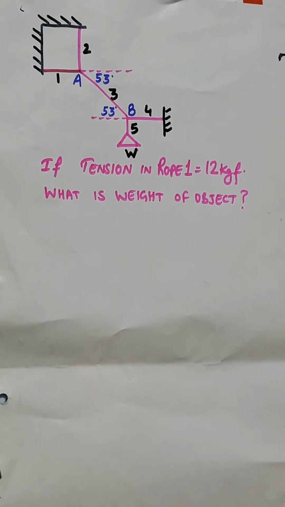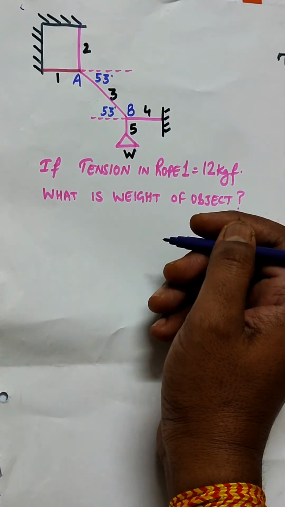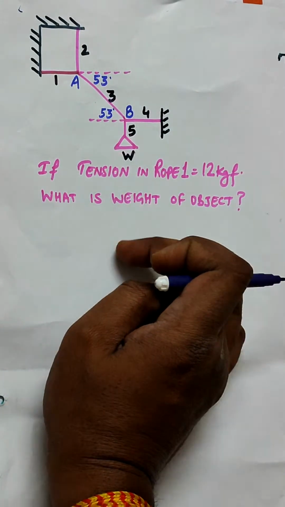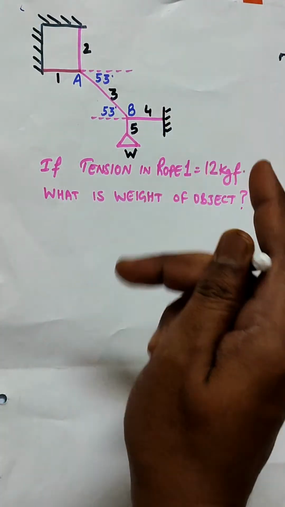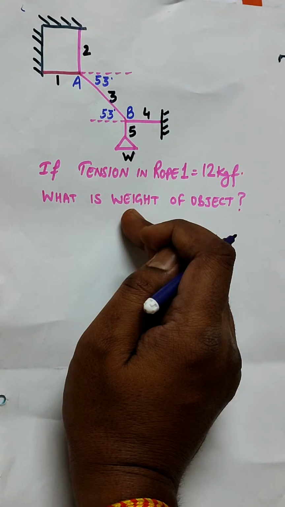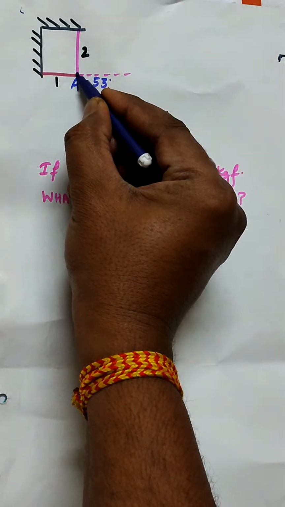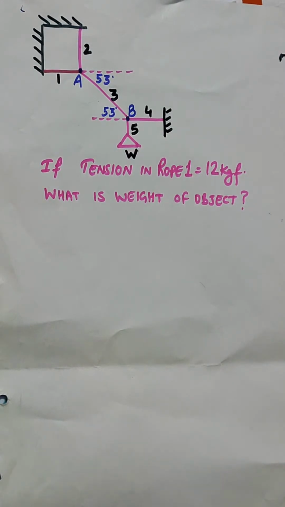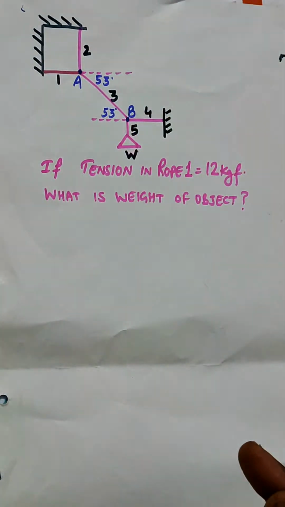The key in solving this question is to understand the components of forces acting in the x direction, whose summation should be 0, and similarly the forces acting in the y direction, whose summation will be 0. In this figure, the forces are acting in equilibrium at two junctions, A and B. So we'll calculate the forces over here and try to solve it.